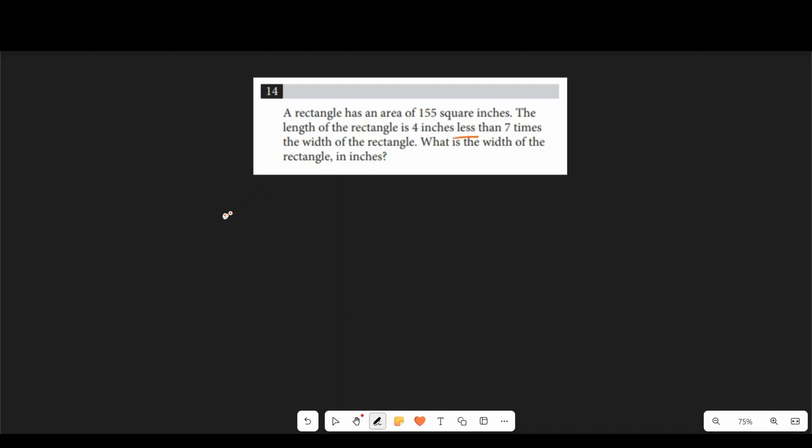First, I like to start off by just writing down what we know. We know the area is 155 inches squared and can be represented by the equation length times width. They're also telling us that the length is equal to 4 inches less than 7 times the width, so that means 7 times the width minus 4.